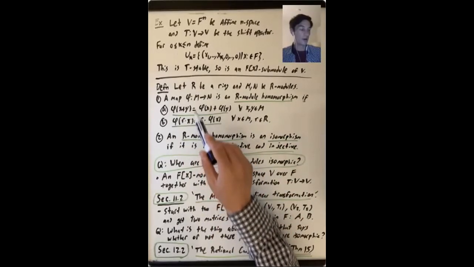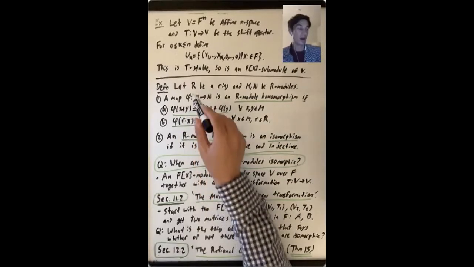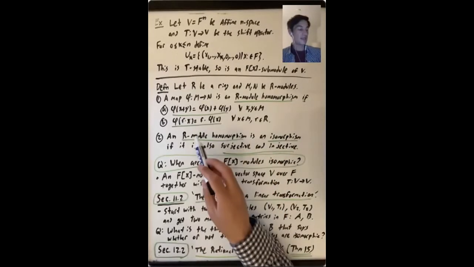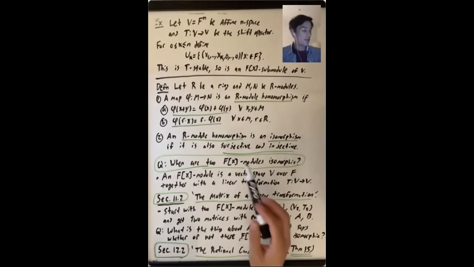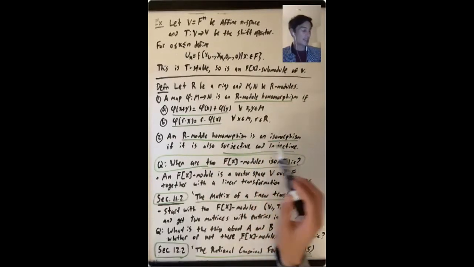So this homomorphism, this map, needs to respect the action of R on M and on N. Okay, we'll talk a lot more about R module homomorphisms in the next lecture and the one after. For now, one thing I want to focus on is an R module homomorphism is an isomorphism of R modules if it's an R module homomorphism that's also surjective and injective.